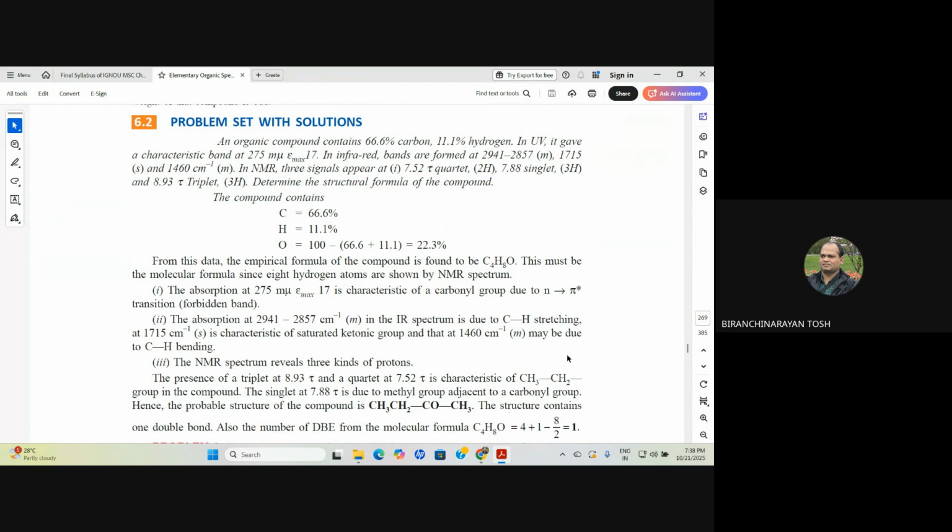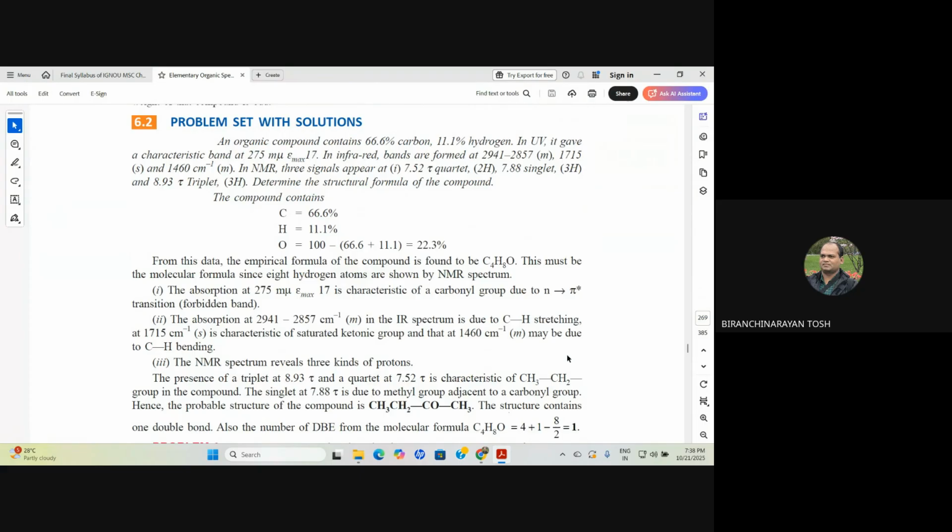An organic compound contains 66.6% carbon, 11.1% hydrogen. In UV, it gave a characteristic band at 275 nanometer with epsilon max 17.